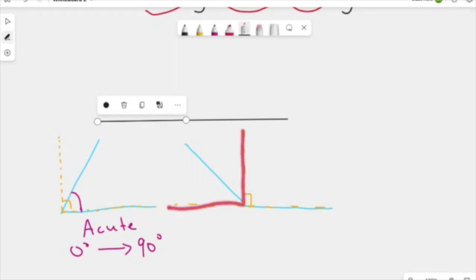But here we can see that our line falls in this space here. And that is what we'll define as an obtuse angle, if the distance in degrees is between 90 and 180.